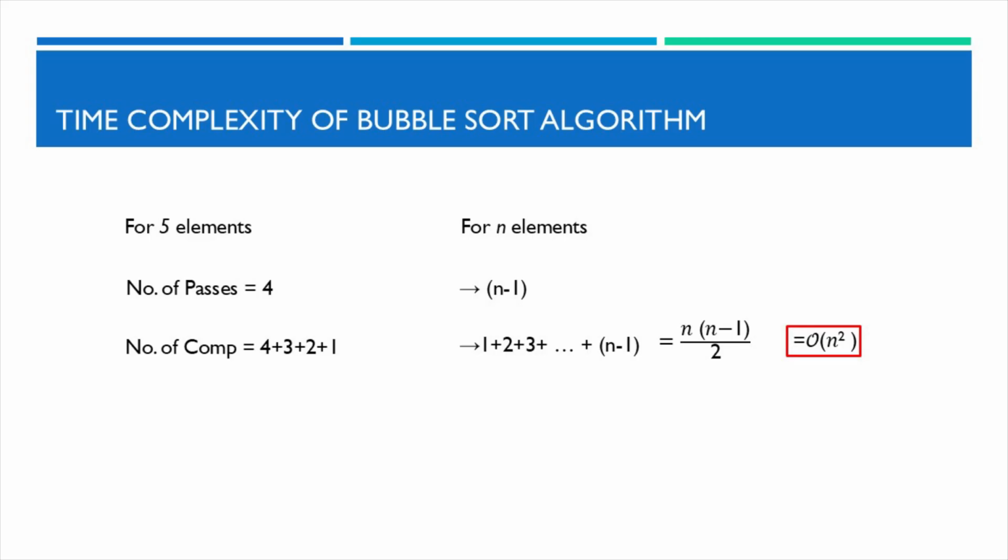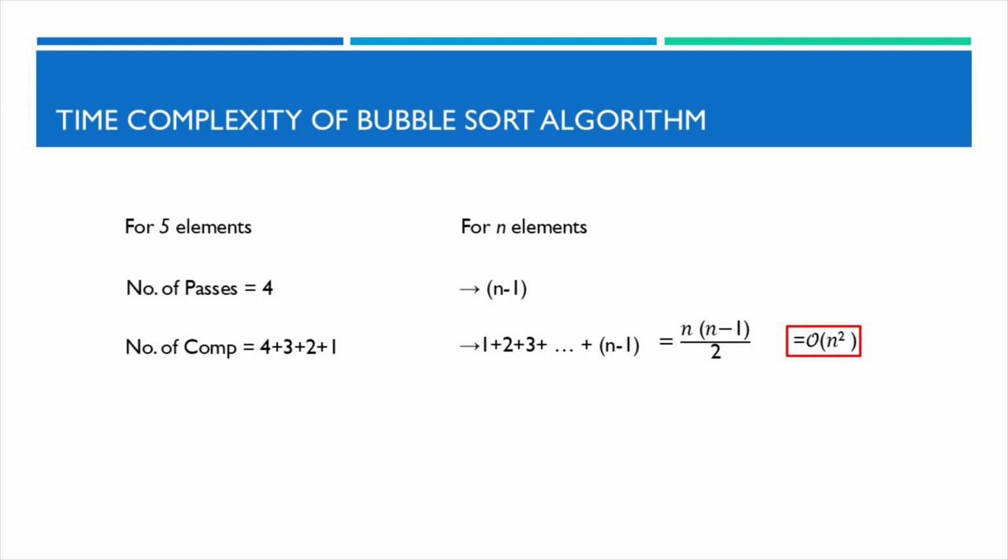Each full pass bubbles the largest unsorted value towards the end. Using a small array of 5 numbers, we observed that there are 4 passes and the number of comparisons is given by the summation from 1 to 4.